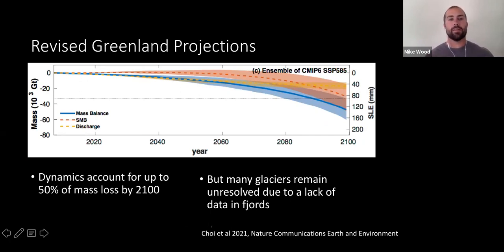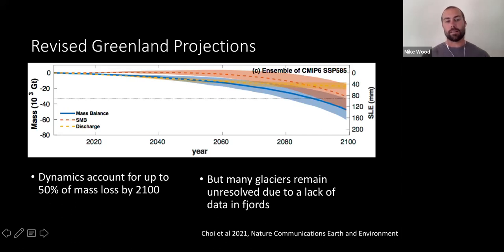And what Youngmin has done is modeled the evolution of Greenland's glaciers as forced by the same undercutting process that we used in the Science Advances paper. And what Youngmin finds is that when you account for the undercutting in this way, dynamics can account for a much bigger proportion of the mass loss than what we see in the CMIP-6 models.